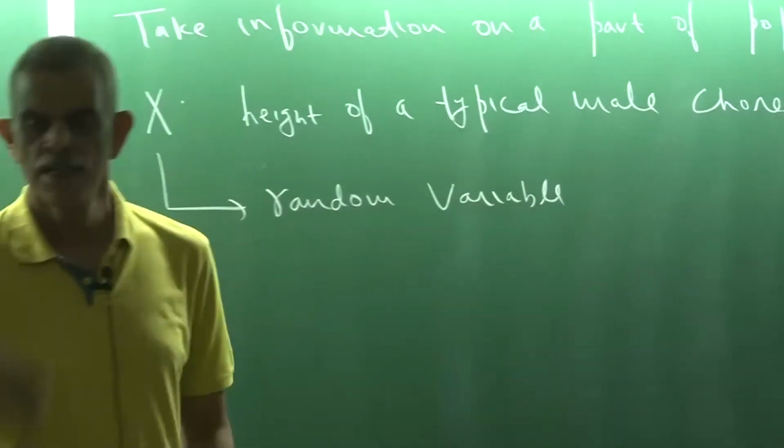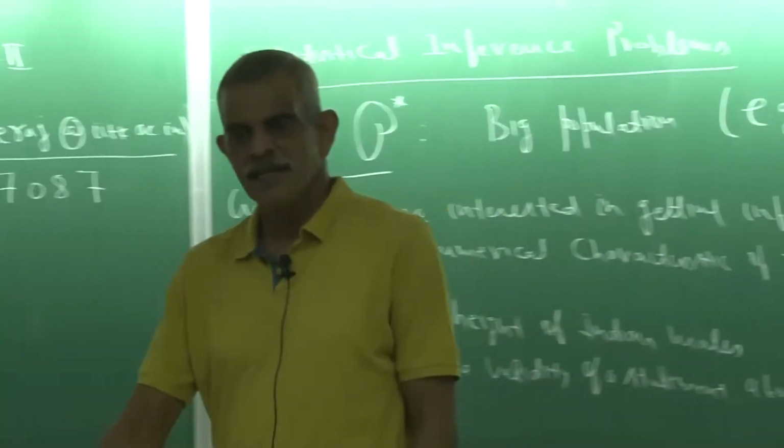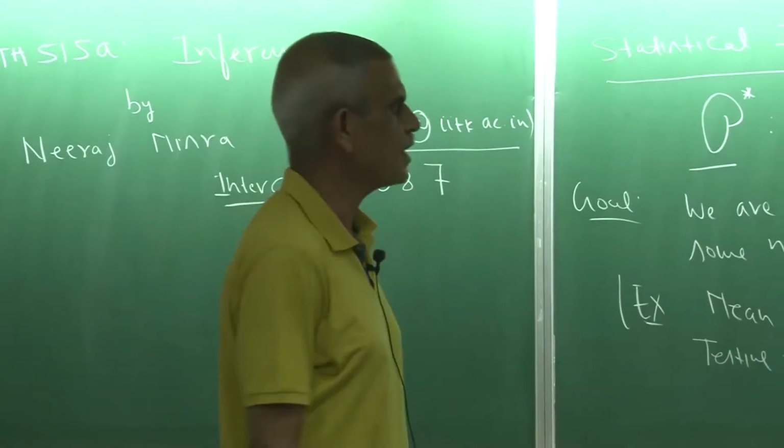Every time you pick up an individual and measure his height, it keeps on varying and is random. That is the reason why it is a random variable.